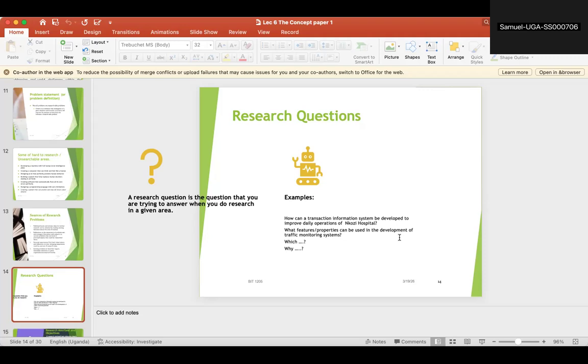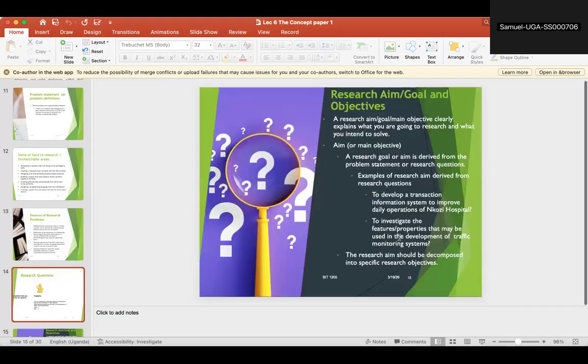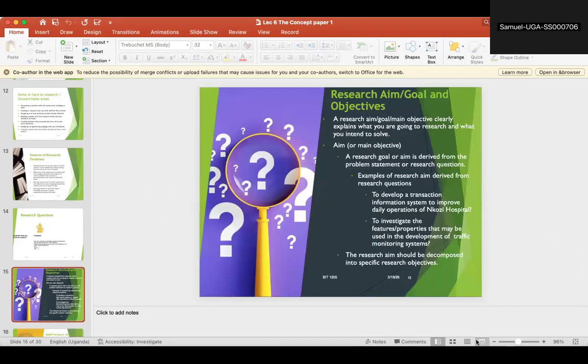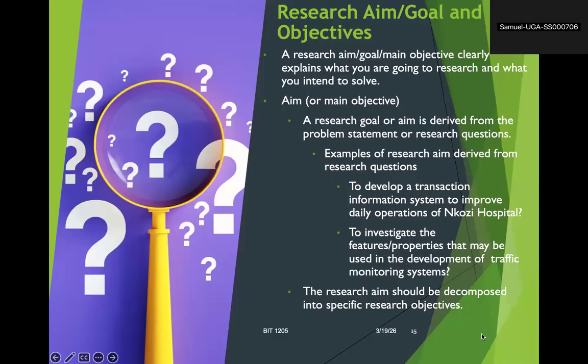Usually the main objective. When you talk about a research objective, the main objective clearly explains what you are going to research about and what you intend to solve.